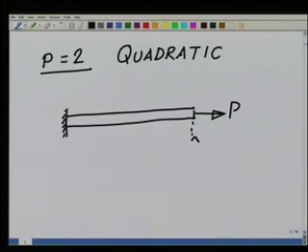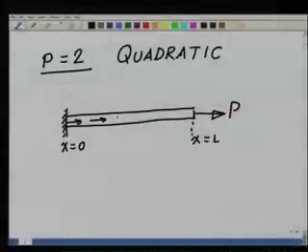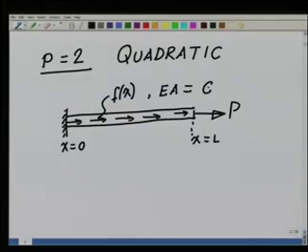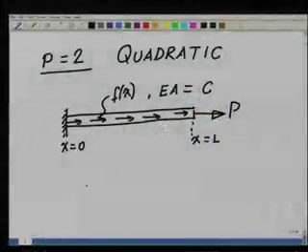This is x equal to L, this is x equal to 0, and some distributed forces F of x. Let us also take EA equal to constant in the domain. That need not be true. So given this data for the problem, let us now go ahead and do the approximation.